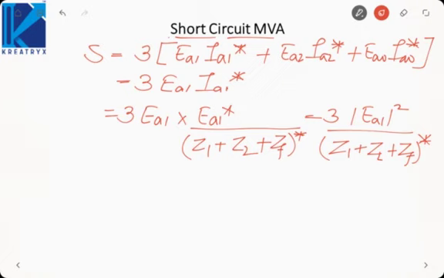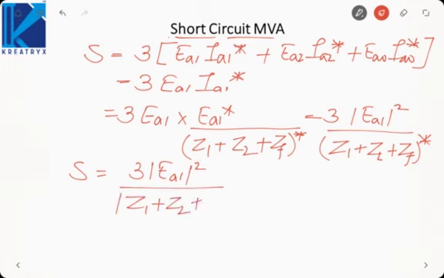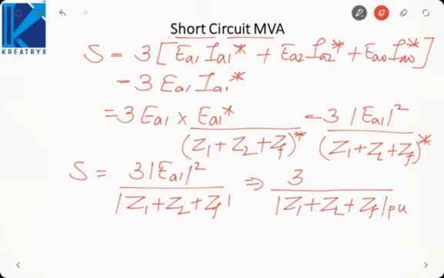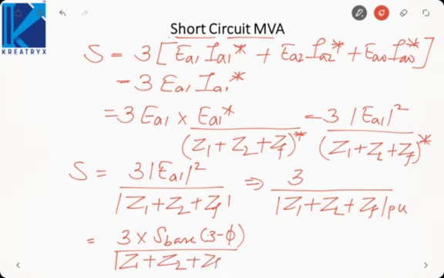conjugate. Now if we wish to calculate magnitude only, it will be 3 mod EA1 square upon mod Z1 plus Z2 plus ZF. In PU it will be equal to 3, because EA1 will be 1 PU, mod Z1 plus Z2 plus ZF in PU. In actual values it will be 3 into S base 3 phase by mod Z1 plus Z2 plus ZF in PU.